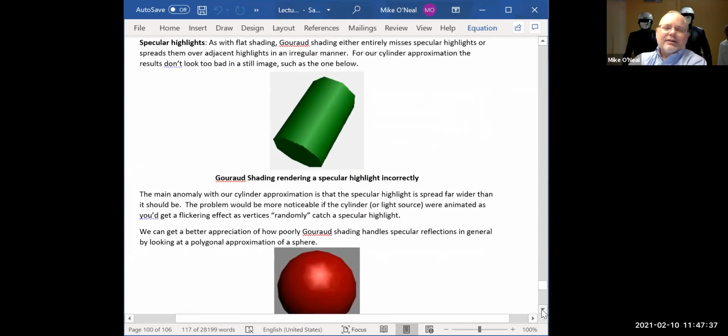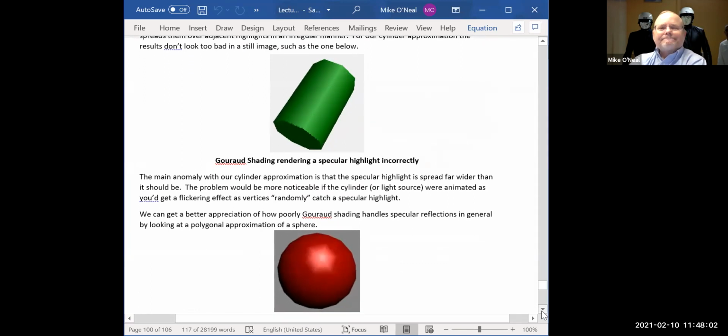So here is the specular highlight for Gouraud shading. You might say, okay, well, this looks pretty good. Actually, it looks pretty crappy because it caught it, but it's spreading that highlight way further than it should be here. But because our cylinder is so simple, it doesn't look too bad.